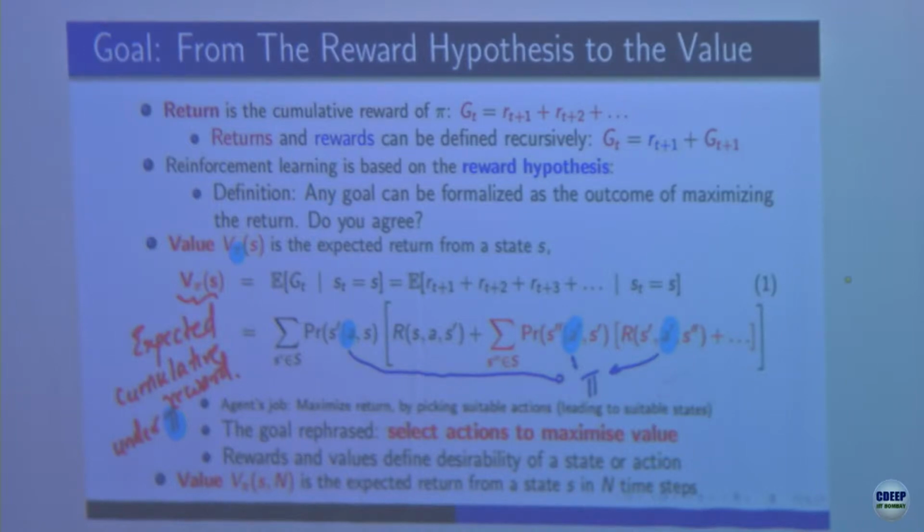So less probable paths will be given less weightage, more probable paths will be given more weightage. So that's the expected return or expected long-term reward or expected cumulative reward, that is called the value function. And we can also look at value over n steps, not necessarily leading to infinity.